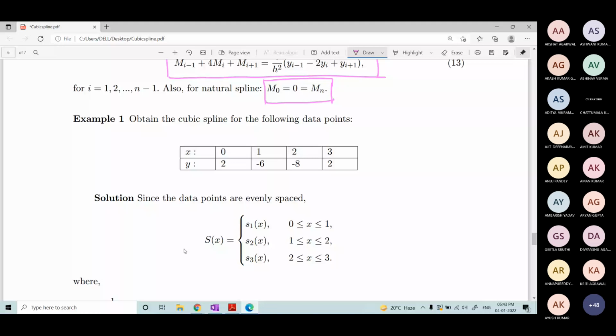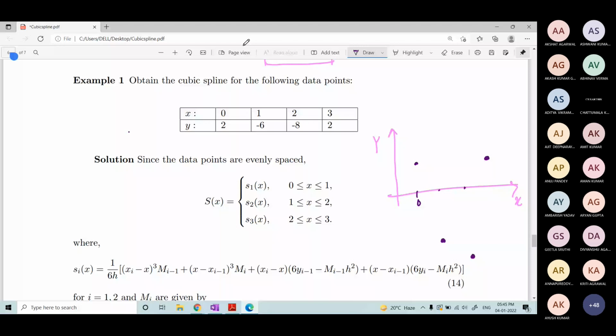So 2 consecutive data points will be joined by a cubic spline. Suppose they are given by this. First 2 data points are joined by, let's say, this cubic polynomial. 2 ups and downs are there in this curve. Then the next 2 data points will be connected by another cubic polynomial, and the last 2 data points will be joined by another cubic polynomial.